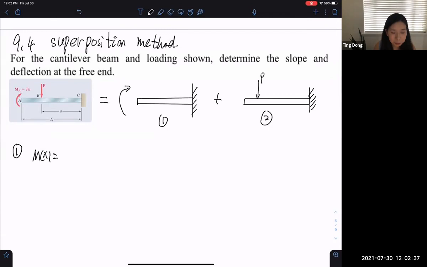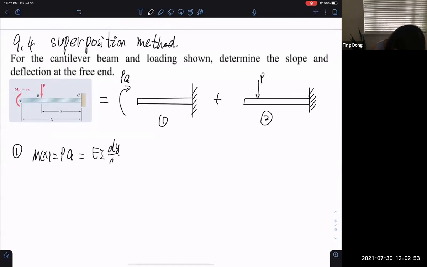it's a pure bending problem, right? So the bending moment is constant through the whole beam, equal to PA. So this one is easy. This is equal to EI d²y/dx².